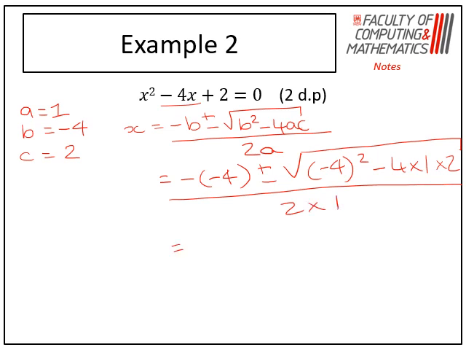Okay, now let's tidy this up a little bit. There's quite a lot of negative numbers kicking about there, so let's just be careful. Minus negative 4 is going to give you positive 4, plus or minus the square root of, now negative 4 squared, remember when you square a negative, you're always going to get a positive number, so you're going to end up with root 8, and that's all over 2.